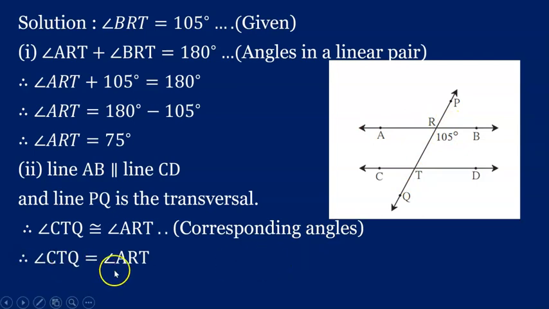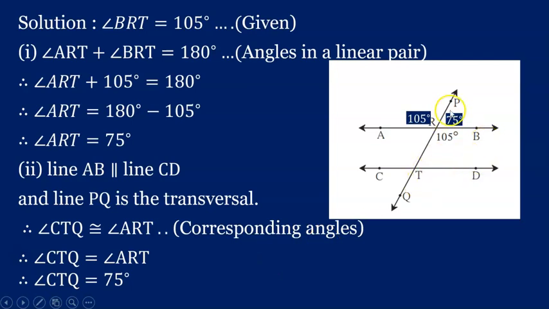Therefore, their measures are also equal. Measure of angle CTQ is equal to measure of angle ART. Therefore, measure of angle CTQ is equal to 75, because we have found out the measure of angle ART is 75, and these are the corresponding angles. Therefore, measure of angle CTQ is 75 degrees.